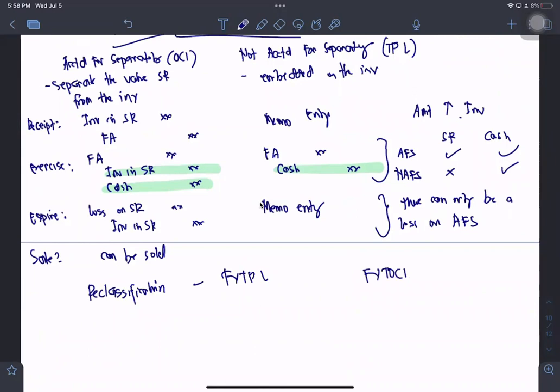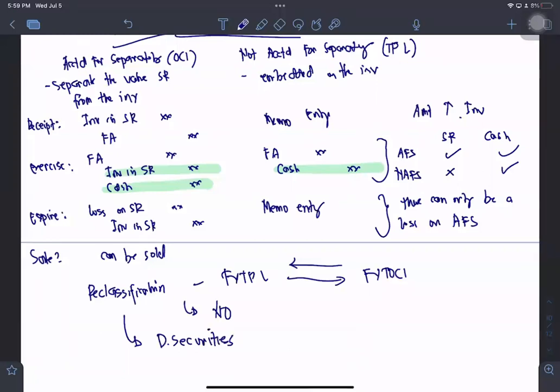Can we change from FVTOCI to FVTPL? Or can we reclassify from FVTPL to FVTOCI? So vice versa, can we reclassify? The answer is no, we cannot reclassify, whether FVTPL to FVTOCI or FVTOCI to FVTPL. Take note, reclassification under PFRS 9 is only applicable to debt securities.